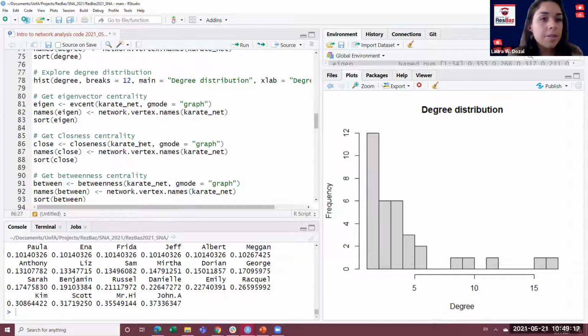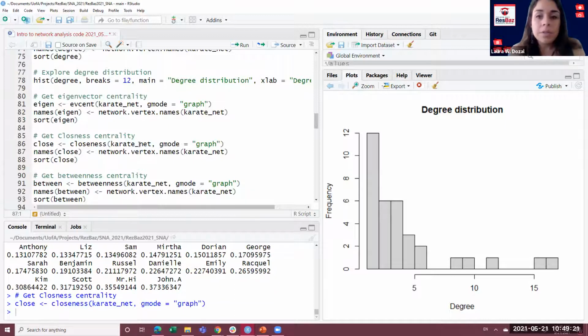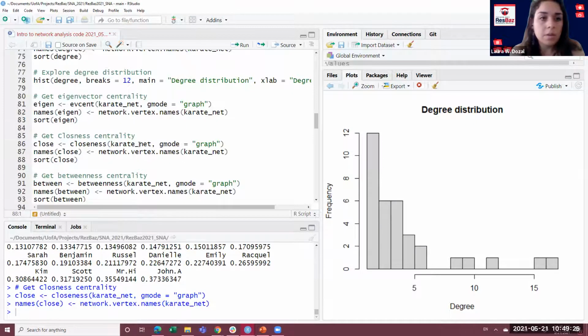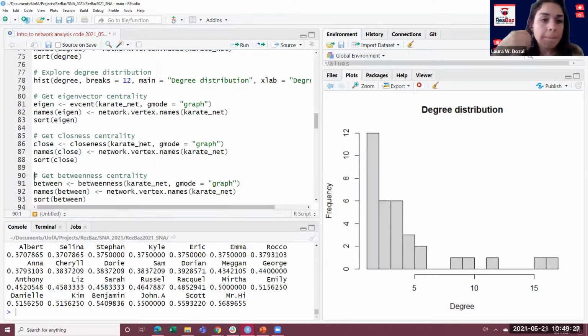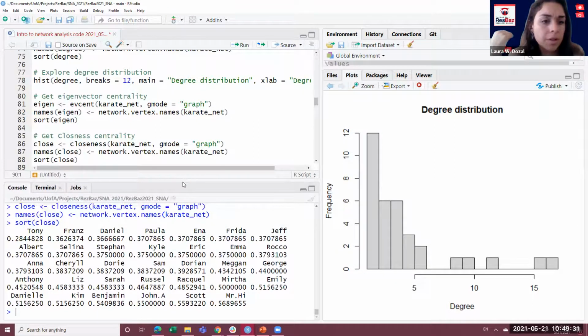And let's look at closeness centrality. How close is one person to another? Did we go over closeness centrality? I can't remember.